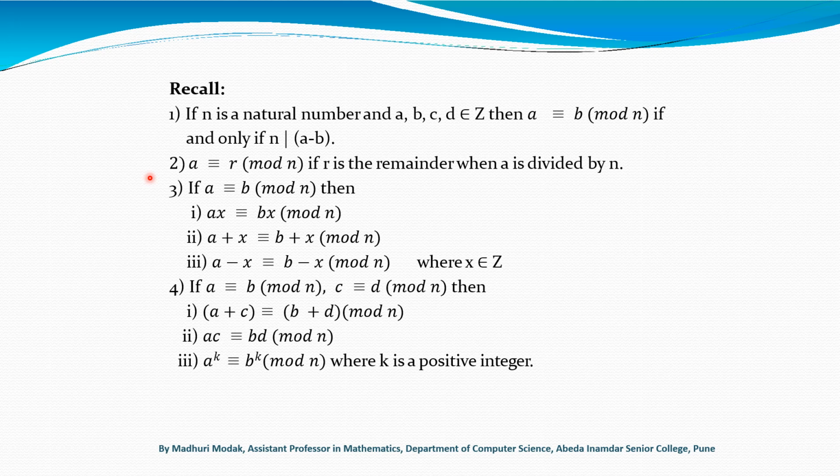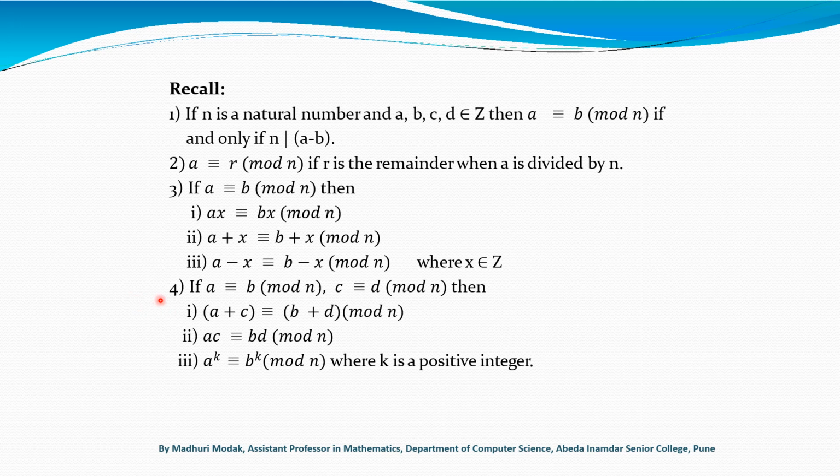Secondly, a is congruent to r modulo n if r is the remainder when a is divided by n. Now, if a is congruent to b modulo n, then a plus x is congruent to b plus x modulo n, ax is congruent to bx modulo n. At the same time, a minus x is congruent to b minus x modulo n, where x is any integer.